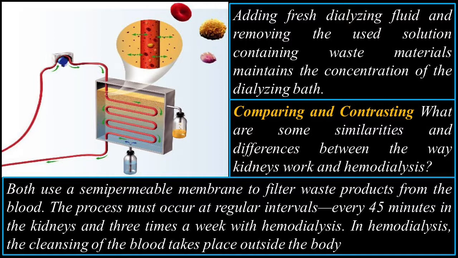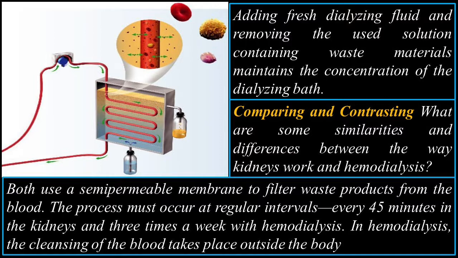Comparing and contrasting. What are some similarities and differences between the way kidneys work and hemodialysis? Both use a semipermeable membrane to filter waste products from the blood. The process must occur at regular intervals, every 45 minutes in the kidneys and 3 times a week with hemodialysis.